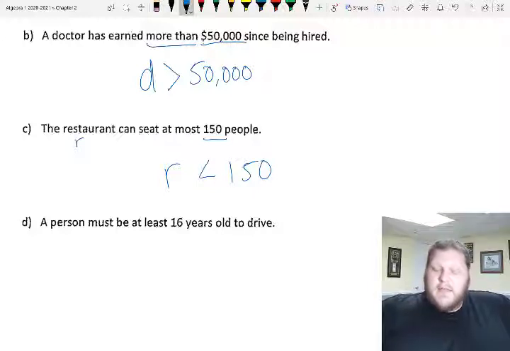So in this case, the less than is what that kind of relationship is. But it tells us that we can seat at most 150 people. So in this case, the restaurant would be allowed to have exactly 150 people. So we have to add in this or equal to in order for that to still remain true. So any R value that's 150 or less is fine, is allowed based on the rules. So R is less than or equal to 150.